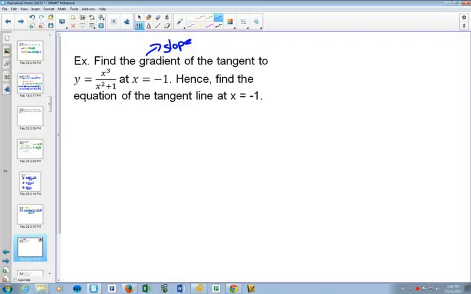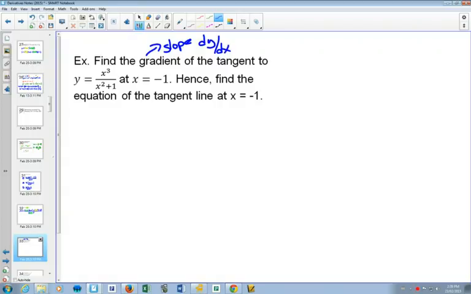So first of all, this is really talking about the big idea of what calculus is. The derivative finds us the equation of all the tangents, of all the slopes at any point that we want. So if we can find dy dx, we'll have an equation for all the slopes.